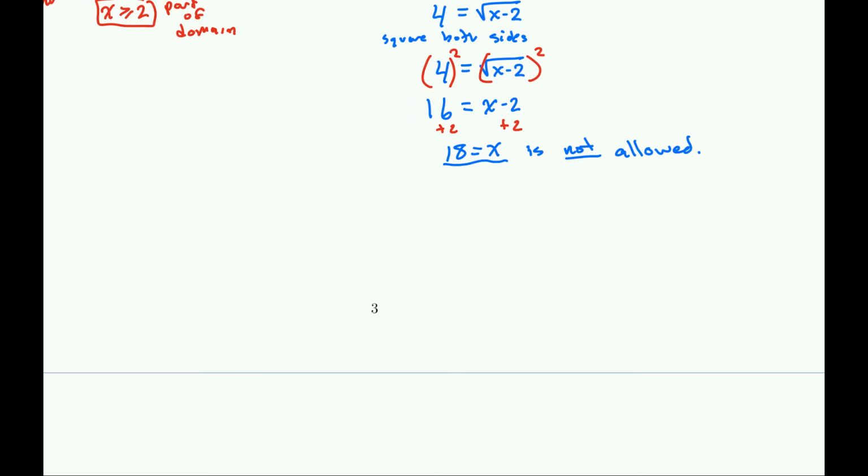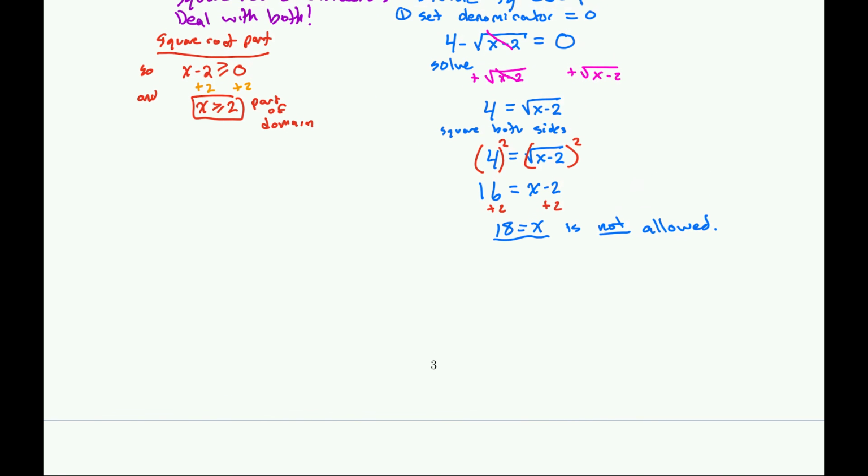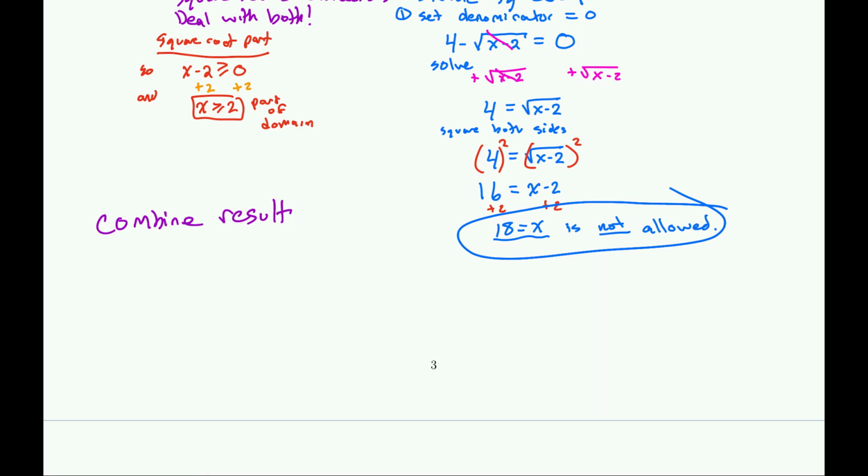All right? So then you combine your information. Your information says that x equals 18 is not allowed, but x greater than or equal to 2 should be part of the domain. So combine that information, combine the results.